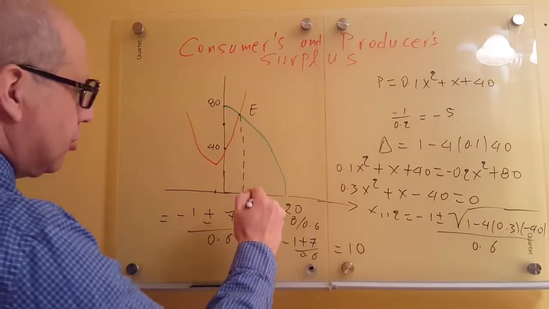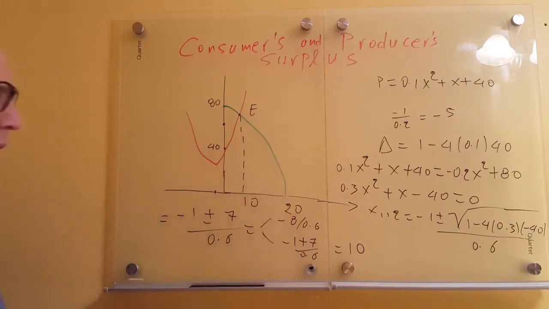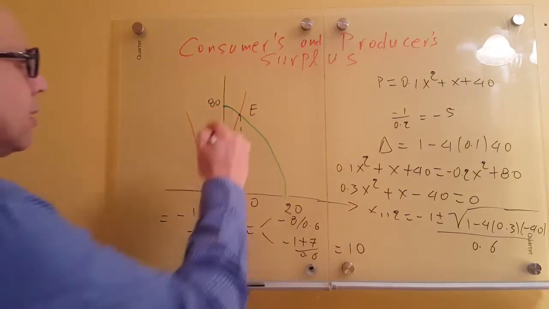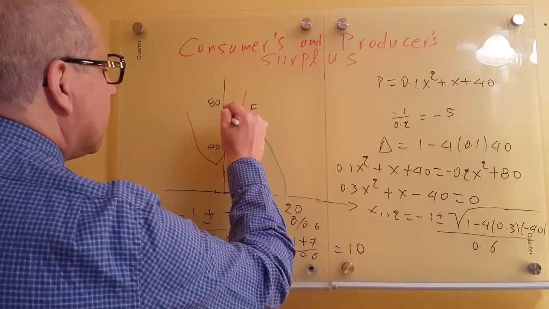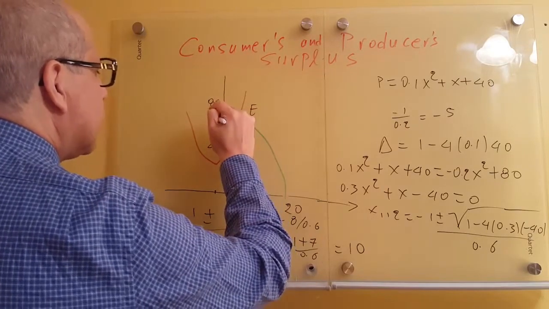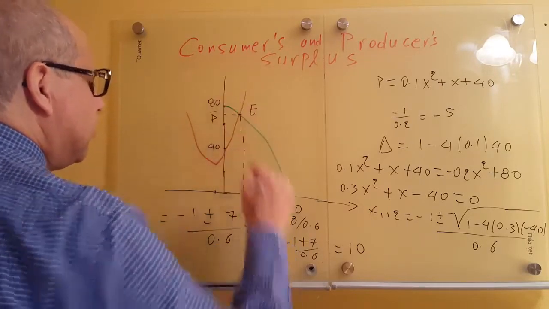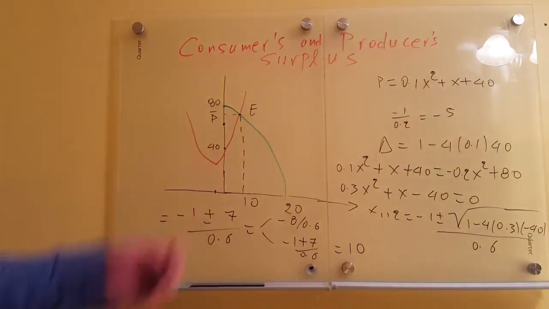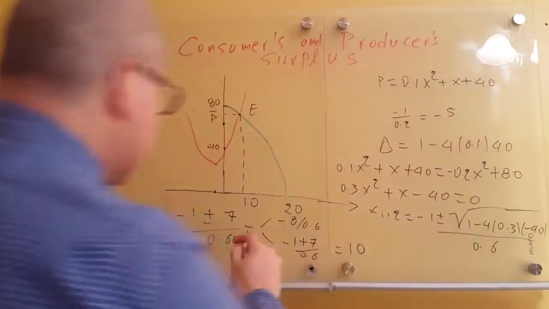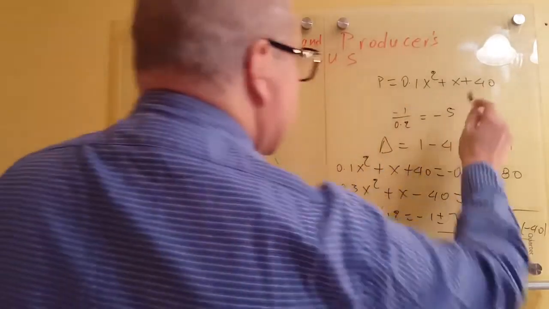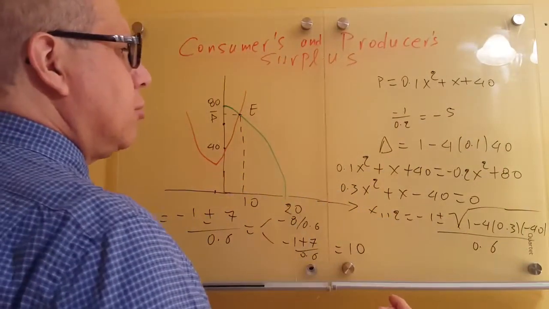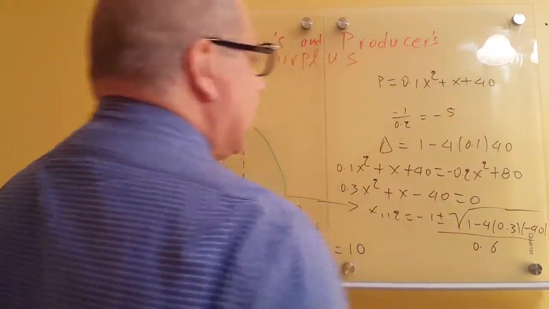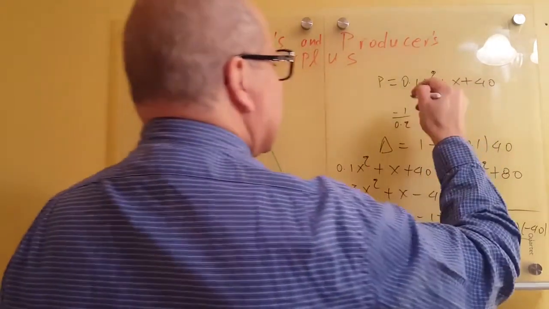So the x actually here is 10, and if you want to find the corresponding price, let's say p bar, you can plug this x into either of these two equations, either this or the demand equation. So let's put it here.